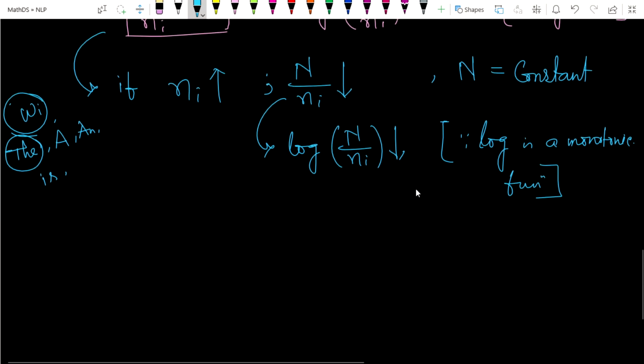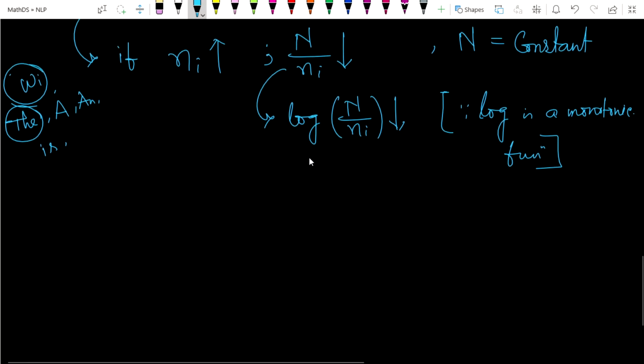In previous lectures I also discussed monotonic increasing functions, strictly increasing functions, and monotonic decreasing functions. We already saw this concept. Since log is monotonic, the value of log of N by small ni must be decreased.